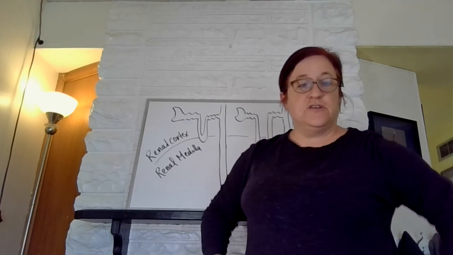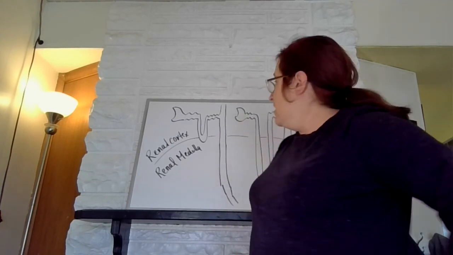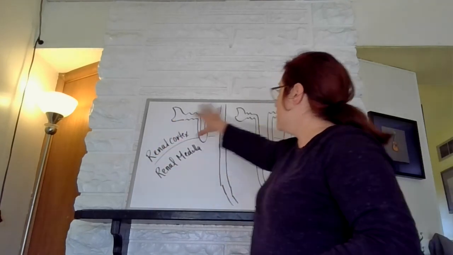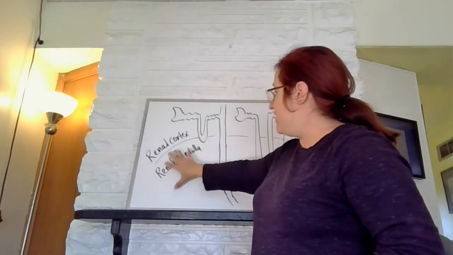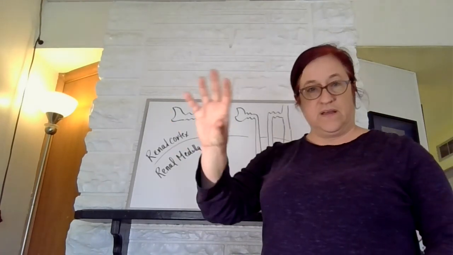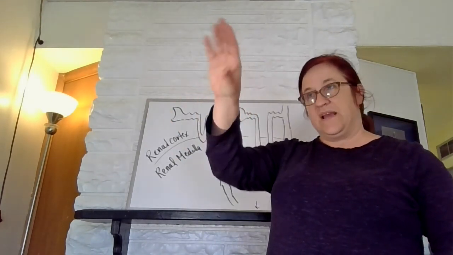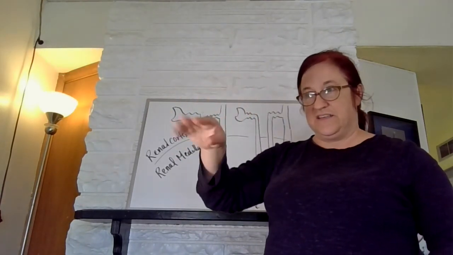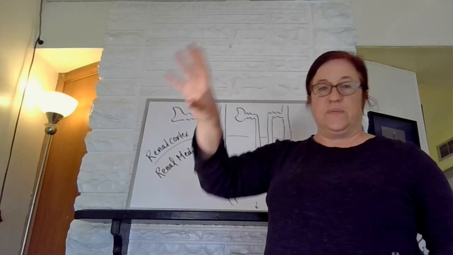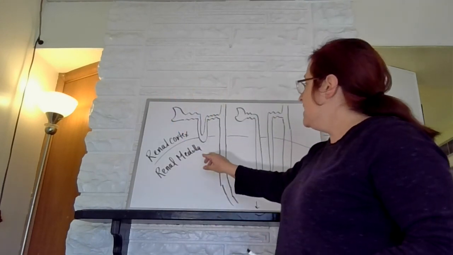So there are two types of nephrons. This is the renal cortex, and the central part is the renal medulla, before we get to that C-shaped part of the kidney bean and the tube that comes out.